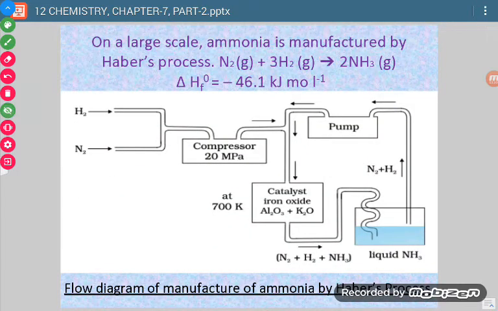Now in case we want to prepare on a large scale, too much, then the industrial method, or we say the commercial method, is used, and the most important method used for this is Haber's process. Nitrogen and hydrogen are taken in the ratio 1:3, and then they form ammonia.